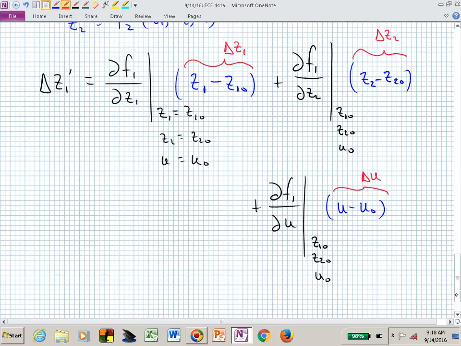If we do the exact same thing for our second equation, it has exactly the same structure. We just have to keep track of the different f sub 2's and their partials.